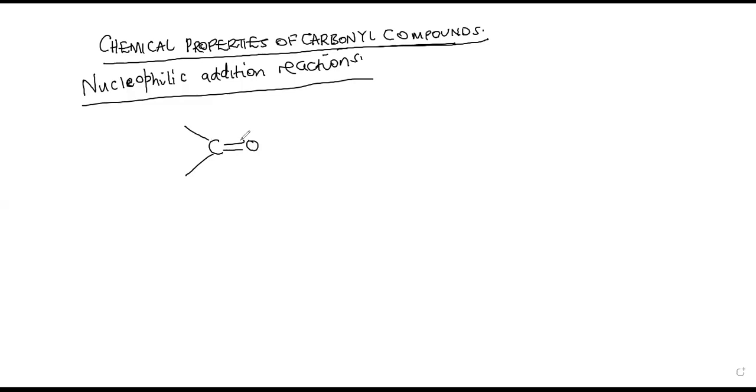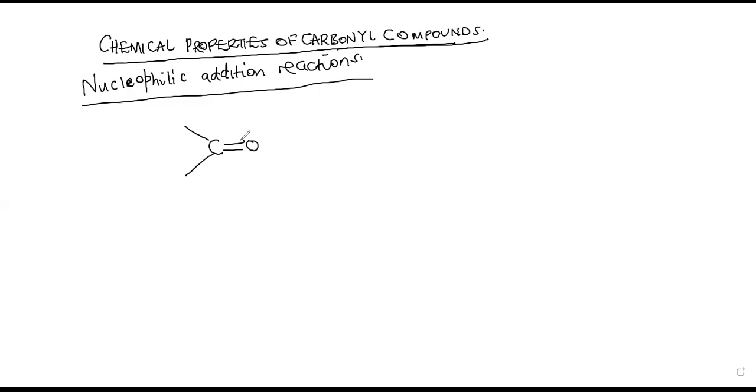A question can come when they can ask you, amongst these questions of stating or explaining the observation, why carbonyl compounds undergo nucleophilic addition reactions, while some certain group of compounds, like alcohols, do not. So you need to be very careful.